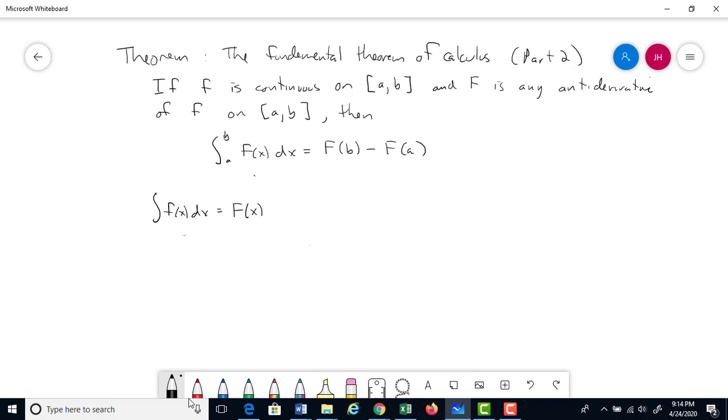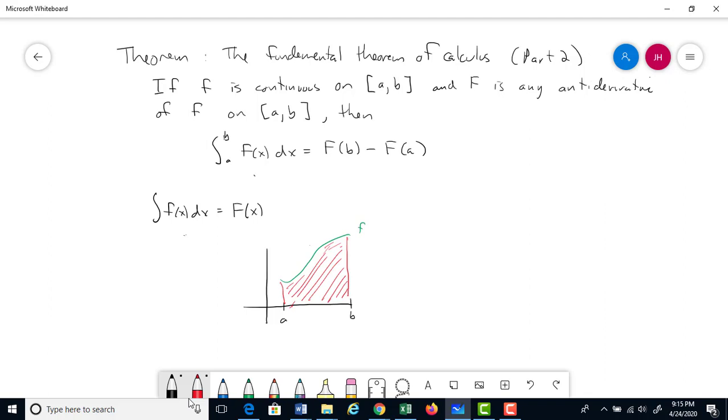What's really cool is that if you want to find the area under the curve, where little f is continuous from a to b, all you have to do is find the antiderivative and only plug in the endpoints.